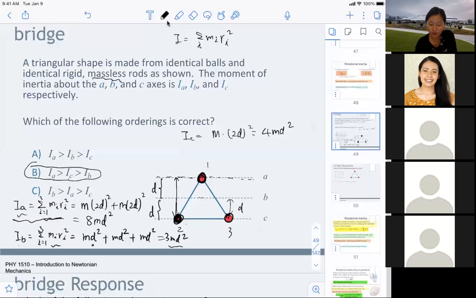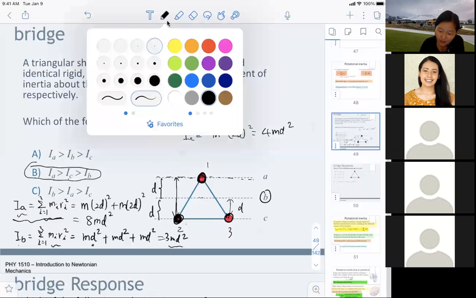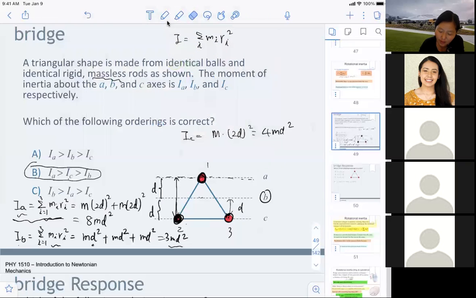For part B, right? Yes. The distance is defined to be from your object to where the axis is. So relative to this axis, this object is at a distance d away, so I do md squared.